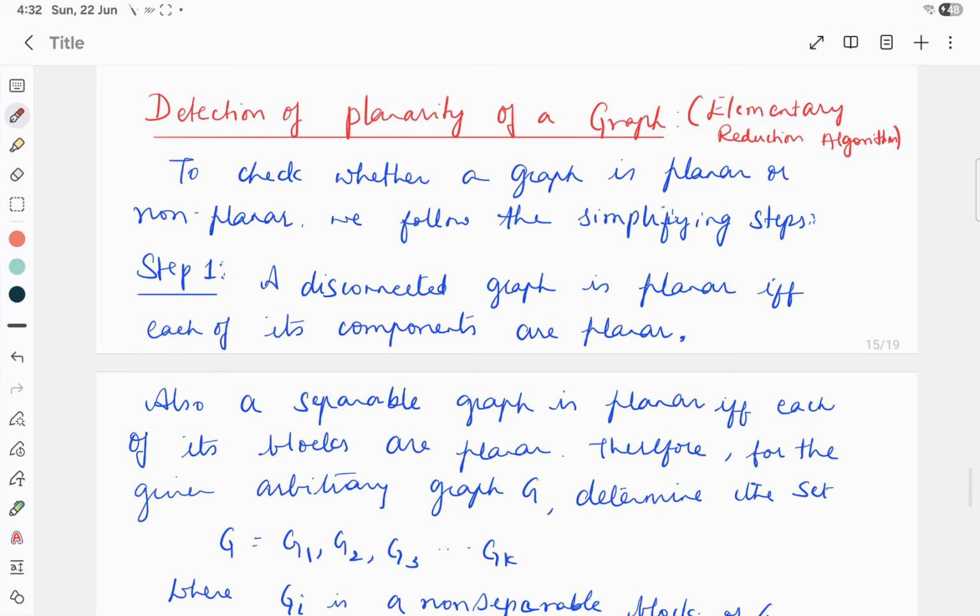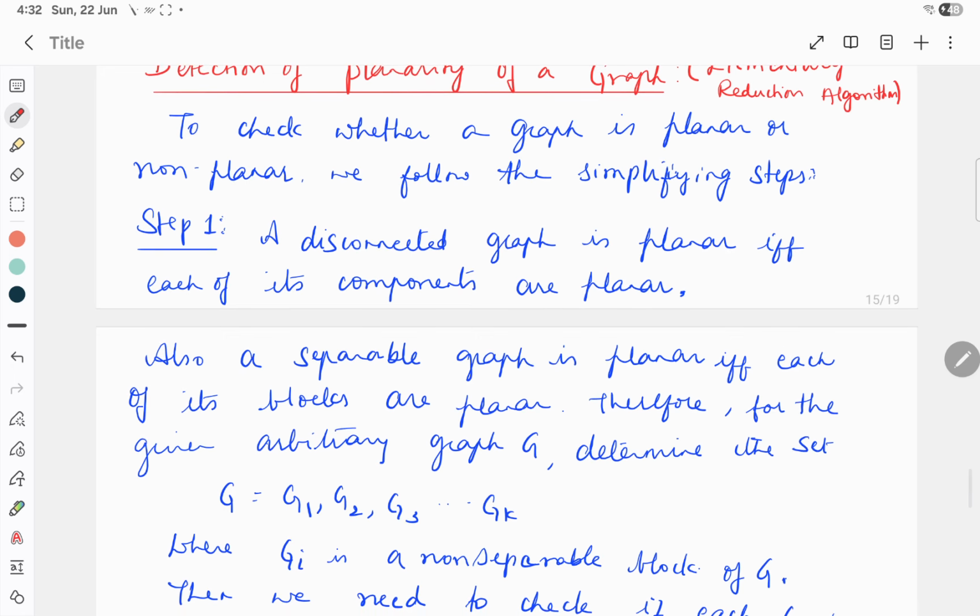To check whether a graph is planar or non-planar, we follow simplifying steps. In step 1, if you have a disconnected graph, then we should check whether each component is planar. Disconnected graph means, suppose I have a graph like this, with no connection between the parts, but the entire thing is a graph.